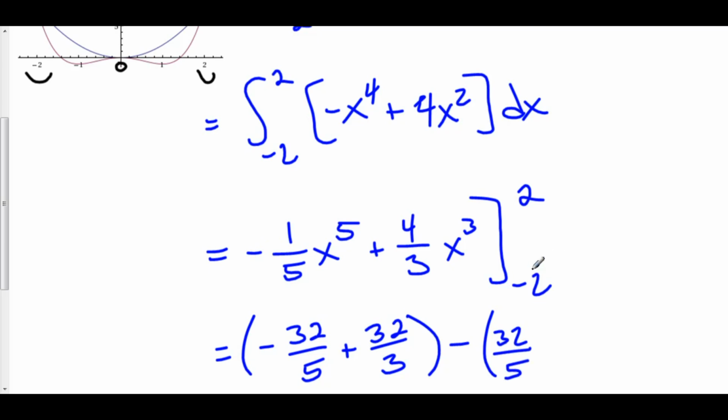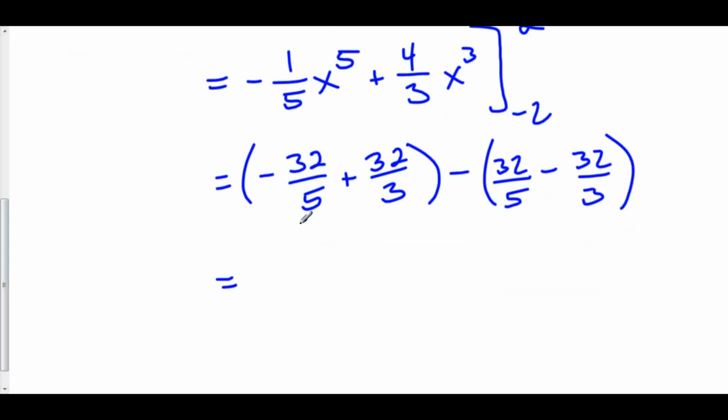And we have negative 2 cubed is negative 8 times 4 is negative 32 over 3. Alright, so we have negative 32 over 5 minus 32 over 5 is negative 64 over 5. And 32 over 3 minus negative 32 over 3 is positive 64 over 3.